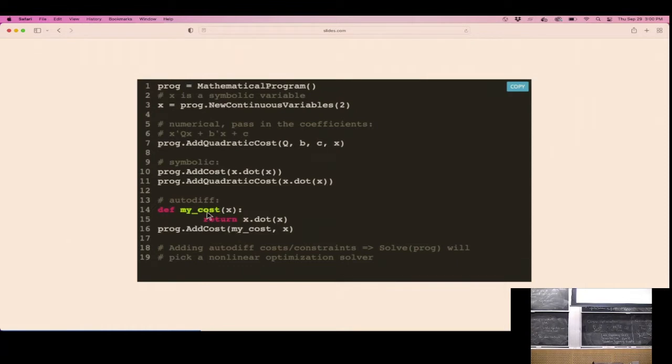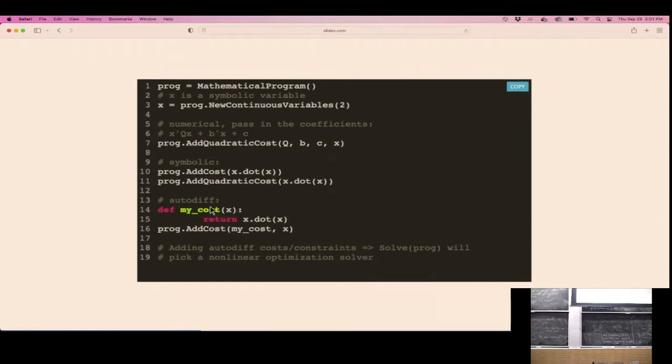But you can also add arbitrary functions as costs or constraints, and we'll do that today, okay? Just define a Python function. And here, it doesn't have the ability anymore to know that, even though this one happens to be quadratic, you could have put an arbitrary function behind there. So it sees that it's going to start calling a nonlinear optimization solver.